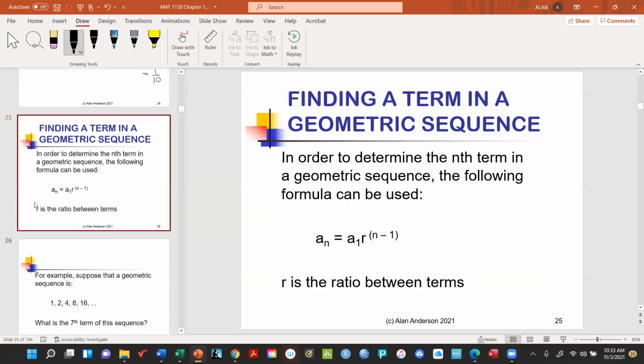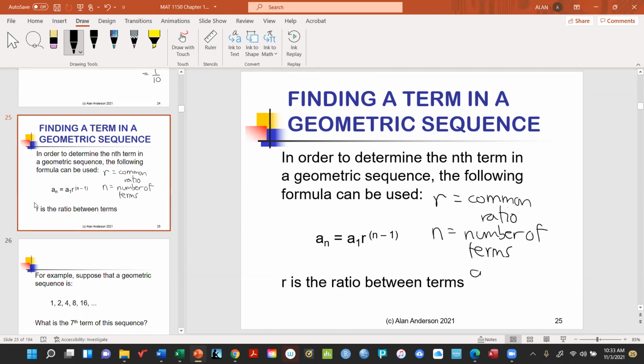Well, here's the formula, and you can see it's a little different than what we were using before. What's really important is that this R is the common ratio between the terms. The n is the number of terms that we're looking for. And of course, A1, as usual, is the first term. An is the term that we're actually trying to find.